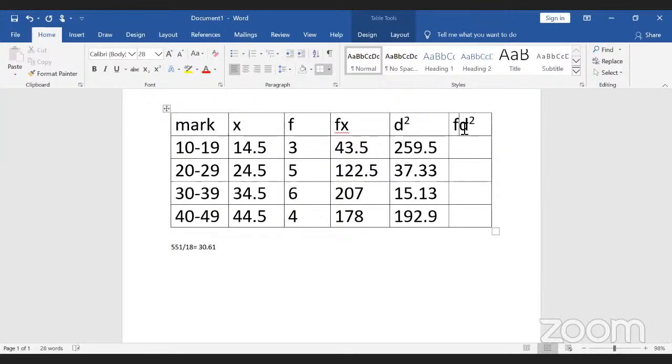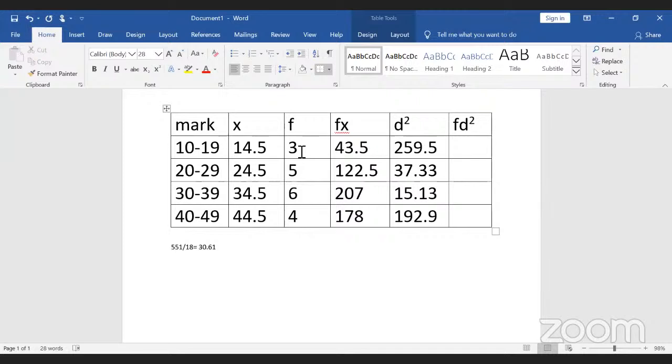So there was no point of saying F times D squared. But for group data, we have F varying. Like in the first class, our F is 3, our F is 5. In the second class, our F is 6, our F is 4.